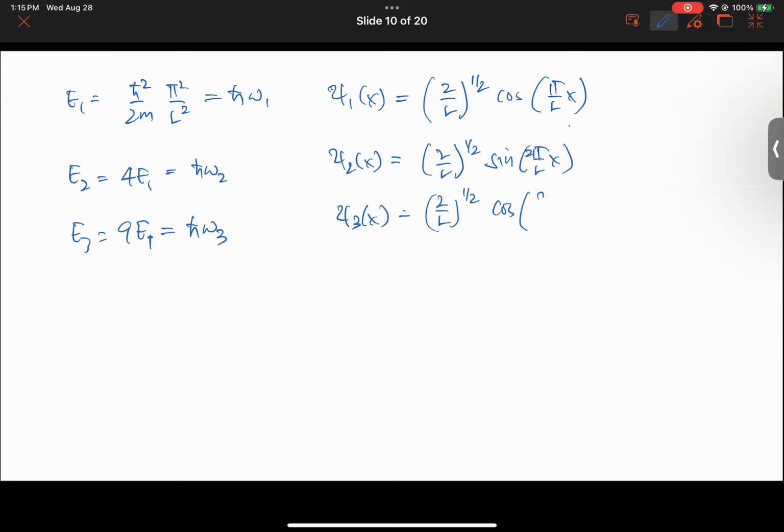Dapat yan. Cosine 3 pi over L x. This has even parity. This has odd parity. And this has even parity.